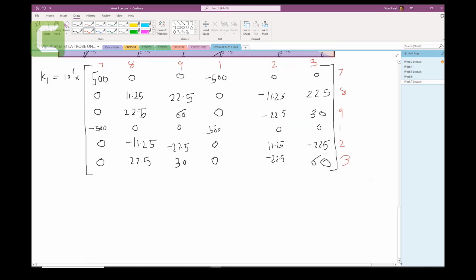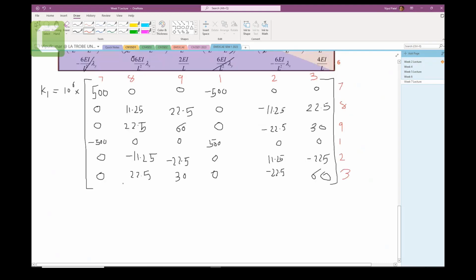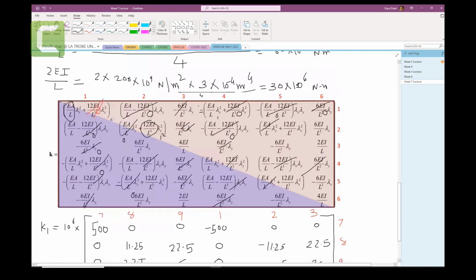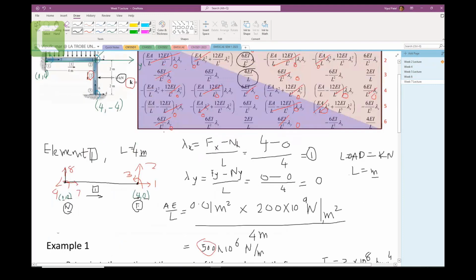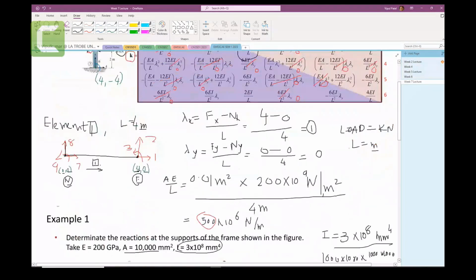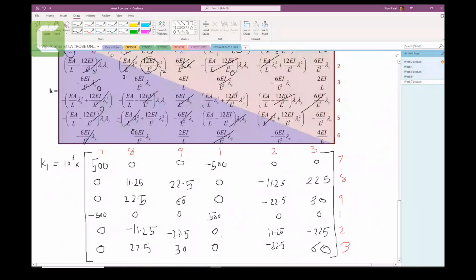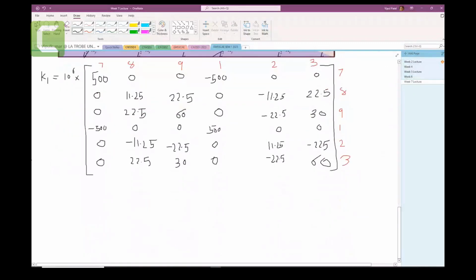Now, same story. I will be a little bit faster, but we will do the element number 2 here. I will be a little bit faster because you know the story now. Element number 2. Length is 4 meters again.